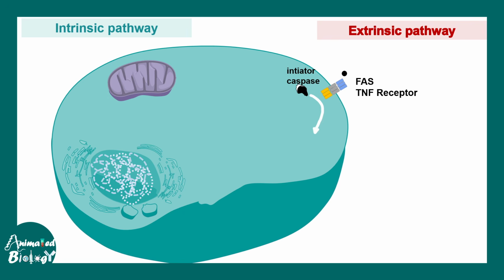This triggers the initiator caspase activation. Caspases are proteins which are cleaved to form an active caspase. Now this initiator caspase does not do the job. Its job is to further cleave and activate the downstream executor caspase. The executor caspase is caspase 3. This information is really important.